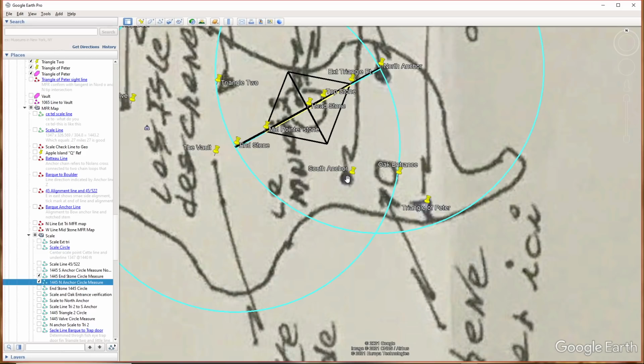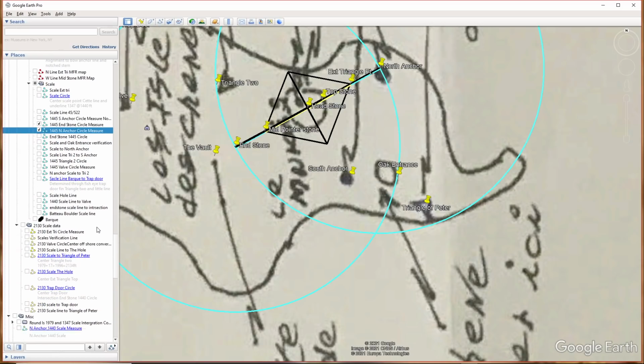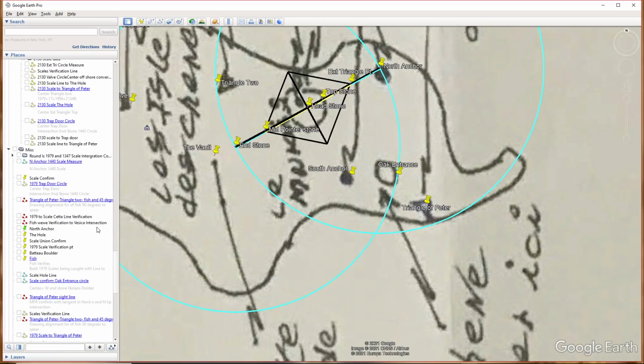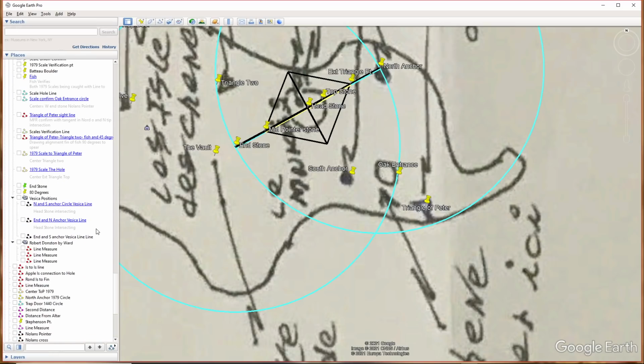We want to establish the south anchor and the oak entrance and the relationship of the triangle of Peter to the top stone, which we already saw, and develop the kind of thing that is going to give us some kind of clue on what this map is trying to tell us.